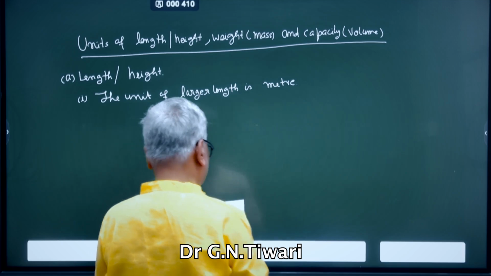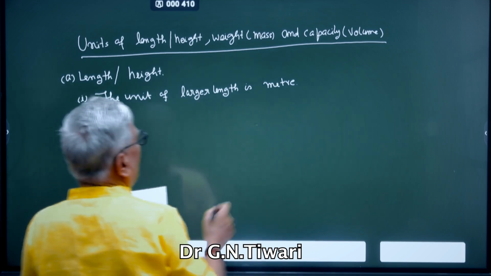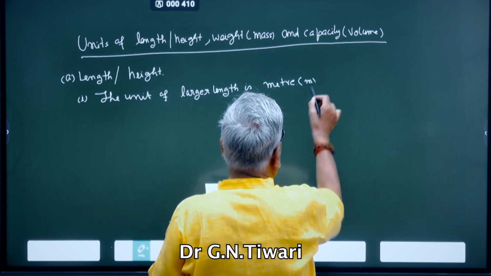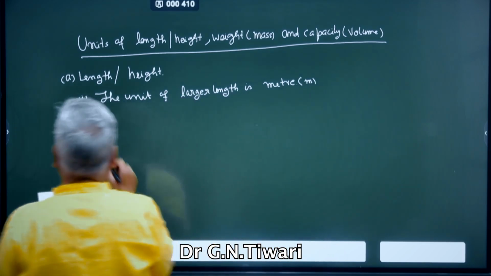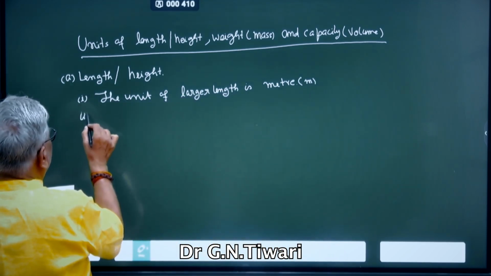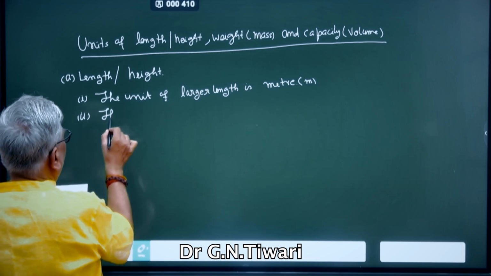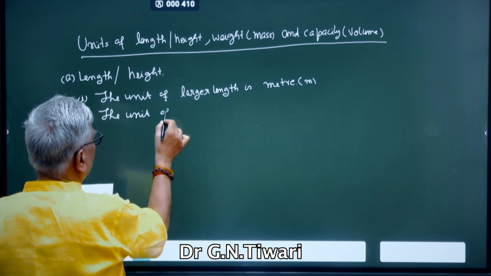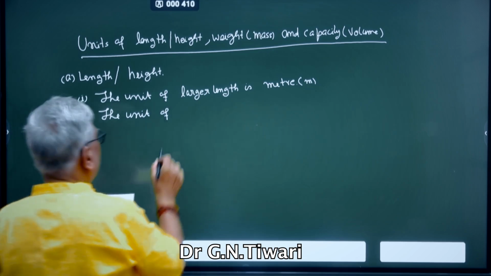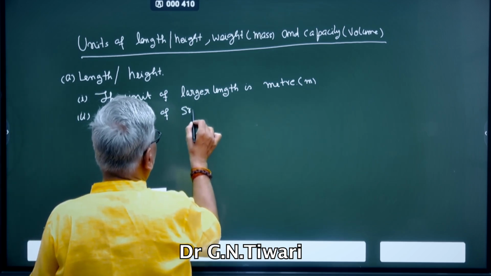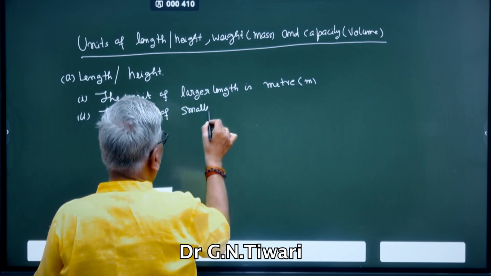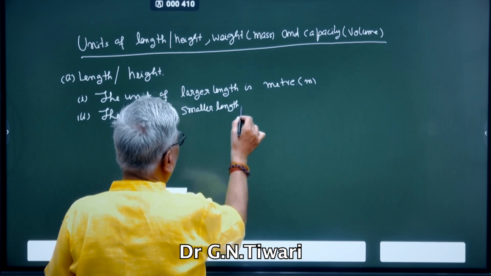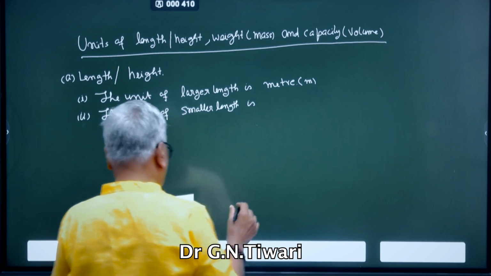This is the first thing. And in short, it is written as small m. The second, the unit of smaller length is centimeter.